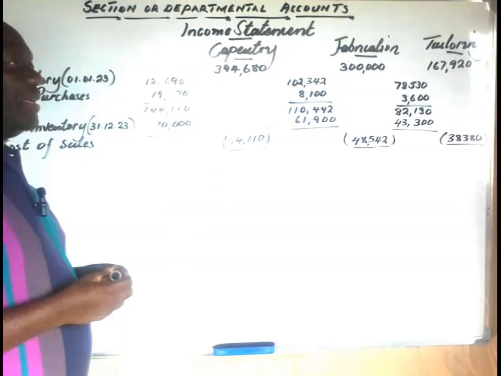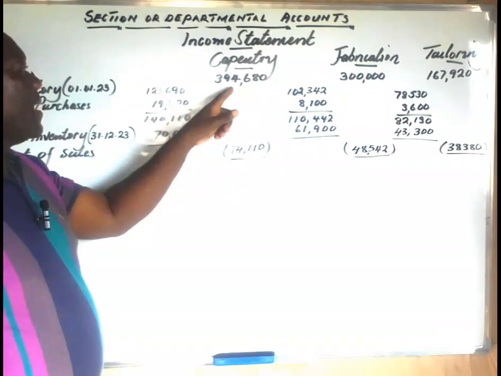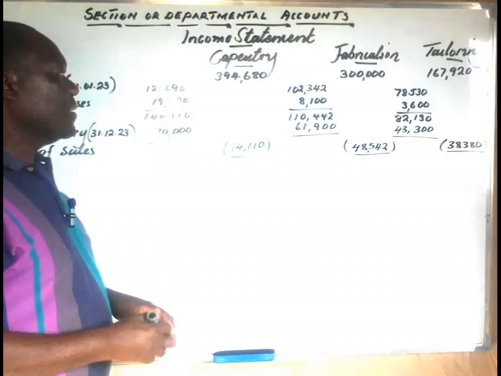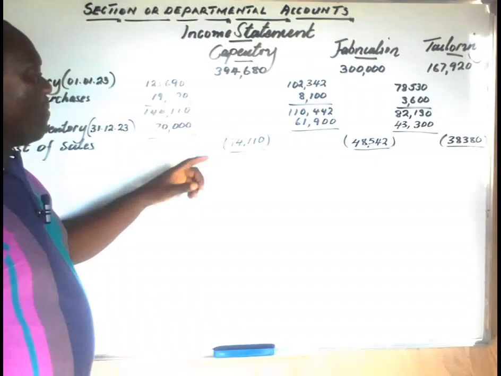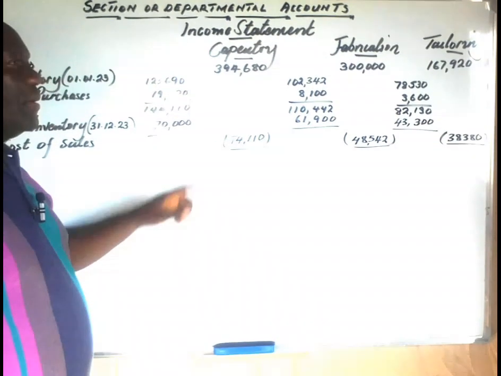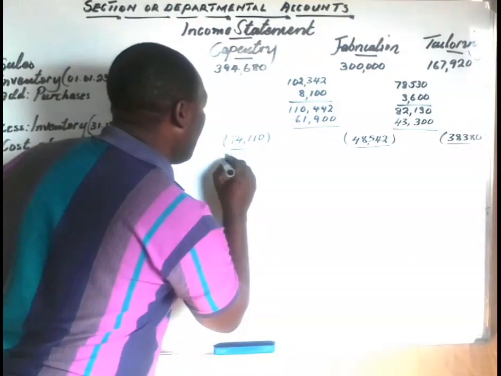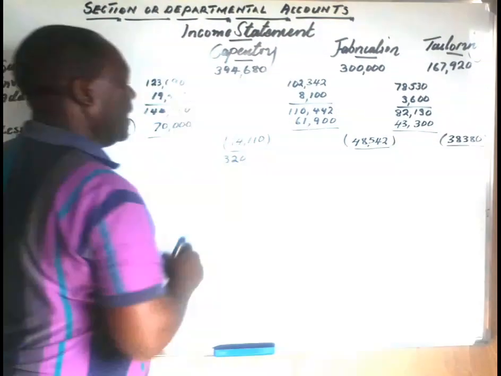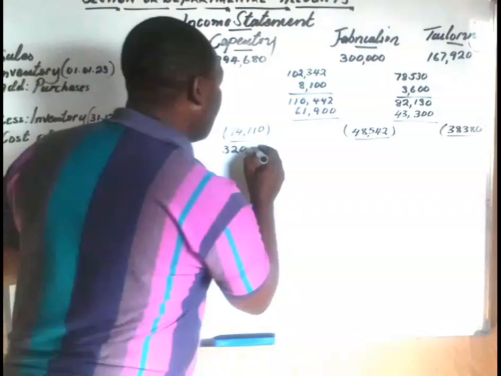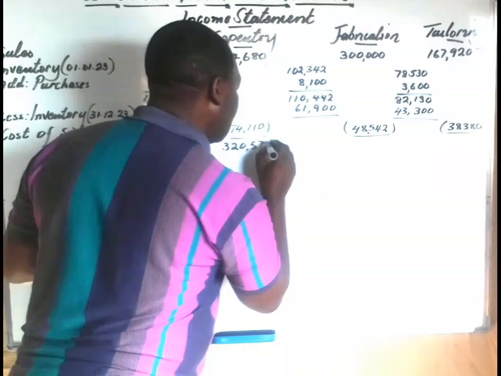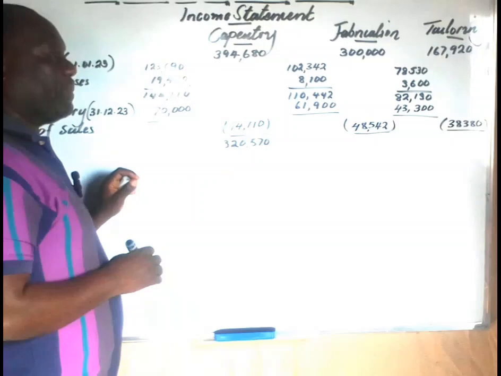for carpentry, 394,680 minus 74,110, what I'm getting is 320,570. This is for carpentry.